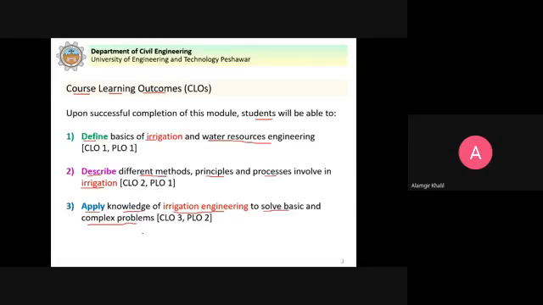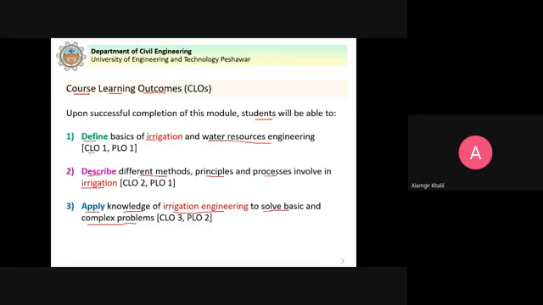And then how to carry that water to that irrigation project to meet the crop water requirements, and the infrastructure needed for successful operation of that irrigation project. So these are the CLOs, the course learning outcomes that we should be able to achieve after completion of this course.